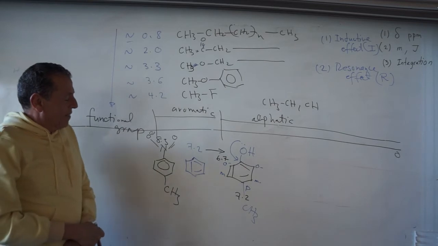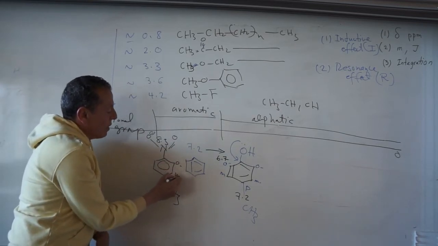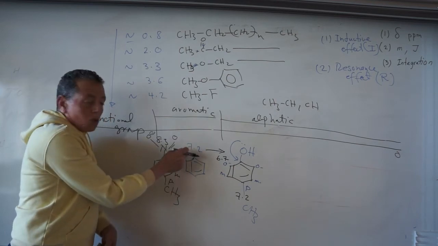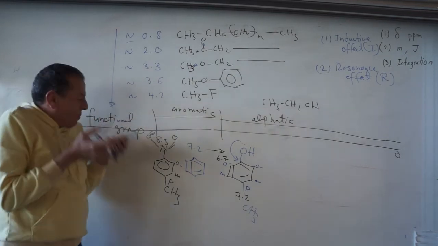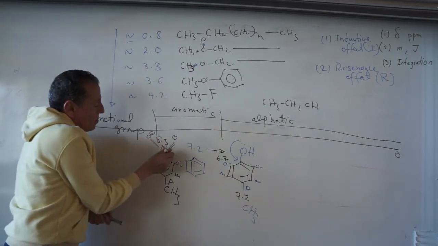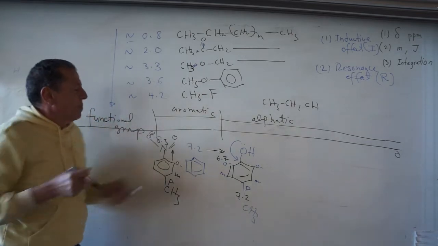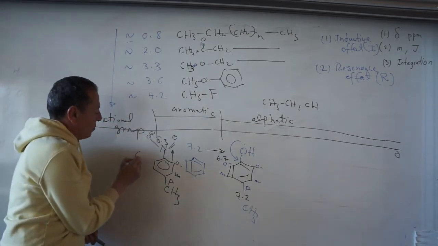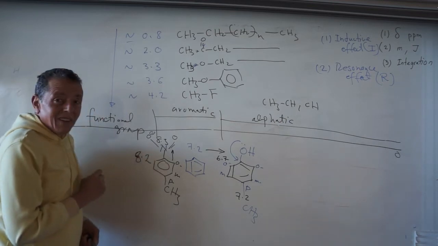Then what do you expect? The chemical shift of the ortho position will be 7.2 or will be more de-shielded? You withdraw the electrons. It will take the electrons from the benzene ring. It means that the electron density will be less. This means it will be de-shielded. Accordingly, you will see that it will go to around 8.2.